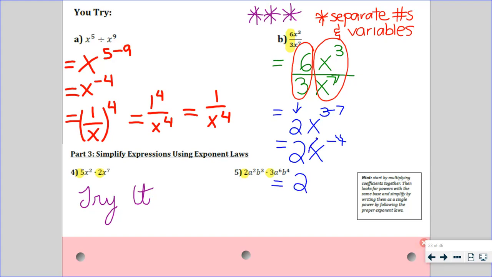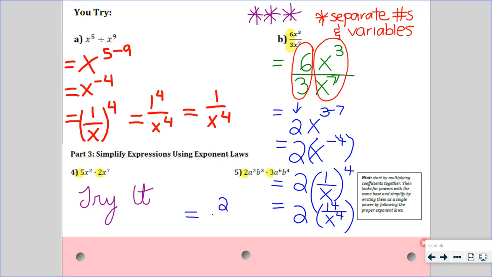It's only my x to the power of -4 that I am going to flip. So that turns into 1 over x to the power of +4, which is the same as 2 times 1 to the power of 4 over x to the power of 4, which is going to give me a final answer of 2 over x to the power of 4, based on what we learned in the first question.